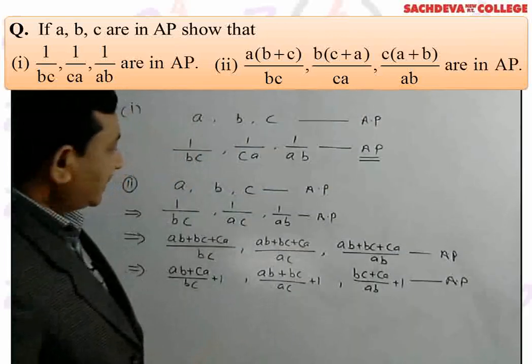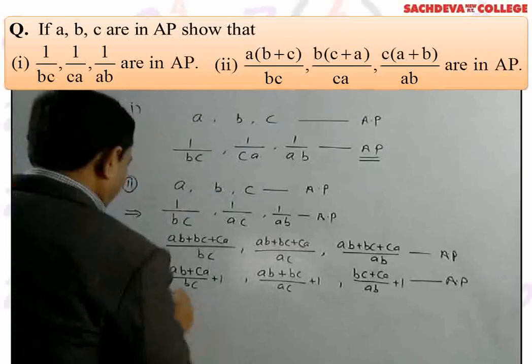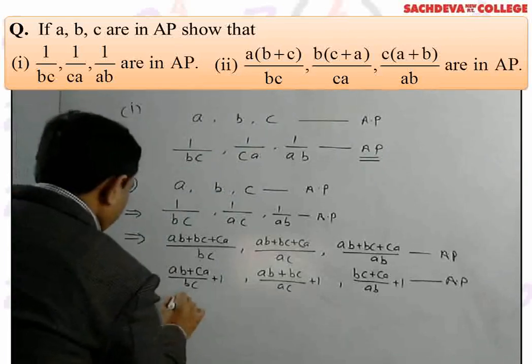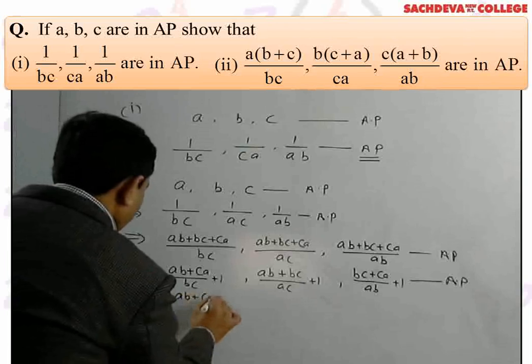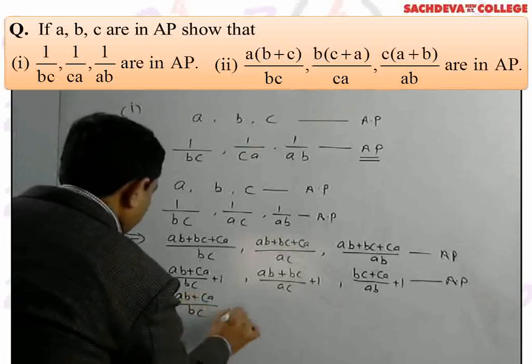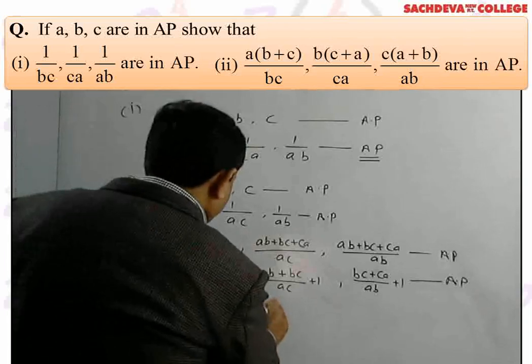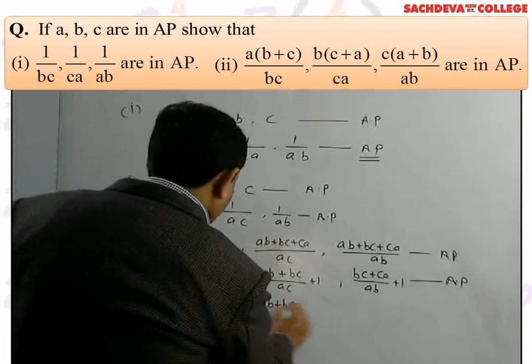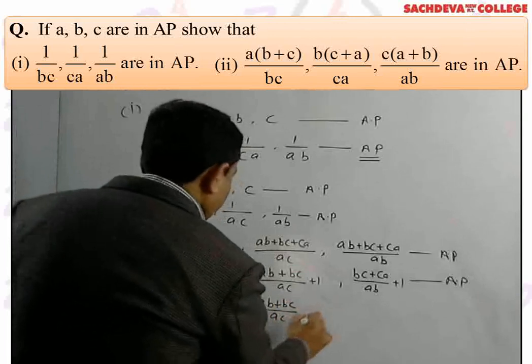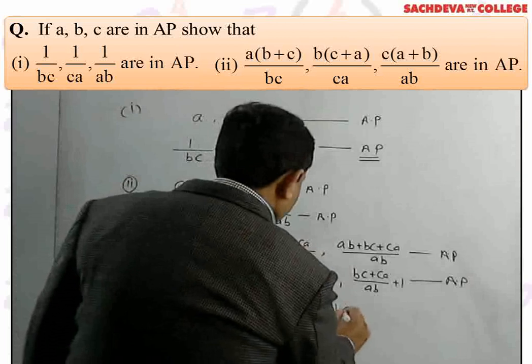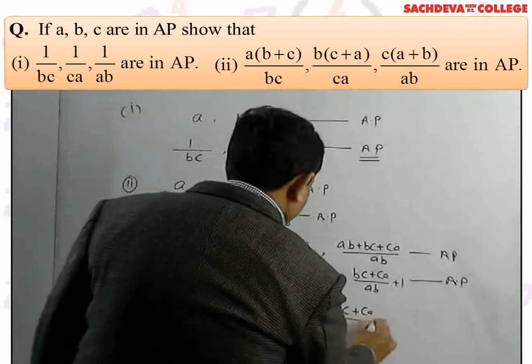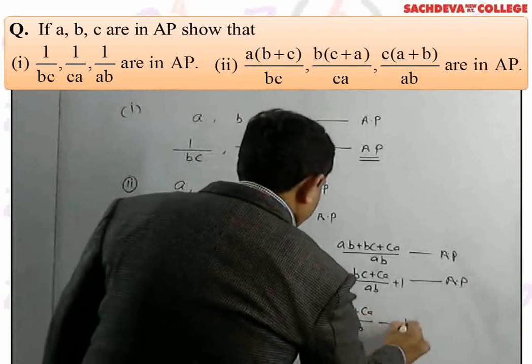If we subtract 1 from each term, then we find (AB plus CA) upon BC, (AB plus BC) upon AC, and this will be (BC plus CA) upon AB. This will also be in AP.